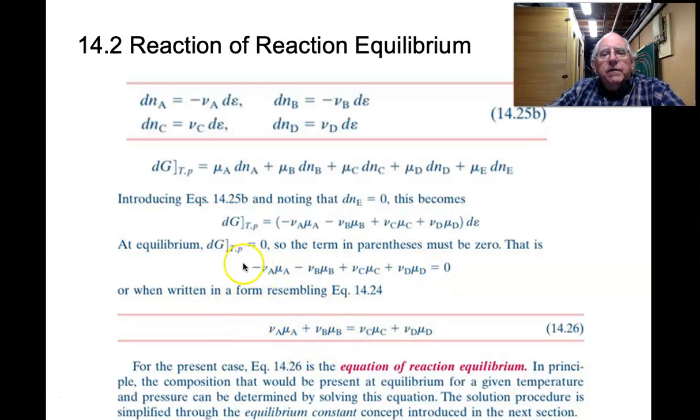And so we can then rearrange this, and when we rearrange it, what we have seen then is that at equilibrium for a given reaction equation, we have then the chemical potential of the 2 components on the left-hand side multiplied by their corresponding stoichiometric coefficient has to be equal to the chemical potential for the 2 components on the right-hand side times their stoichiometric coefficients for that particular reaction.